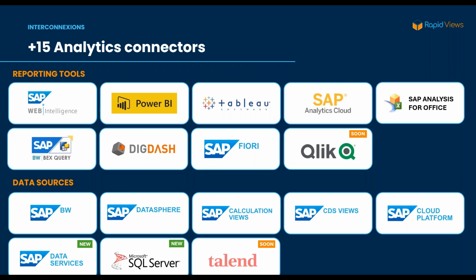If in your environment you have one of these tools, our BI Smart Repository can help you to centralize and manage your BI components directly in the BI Smart Repository.